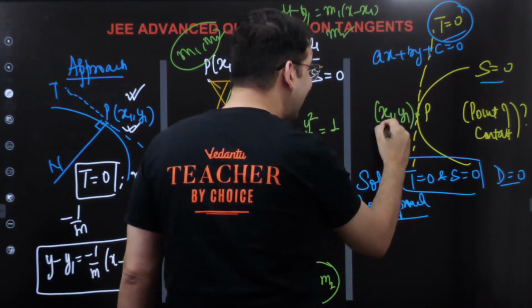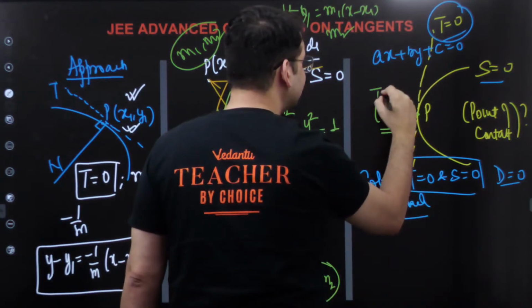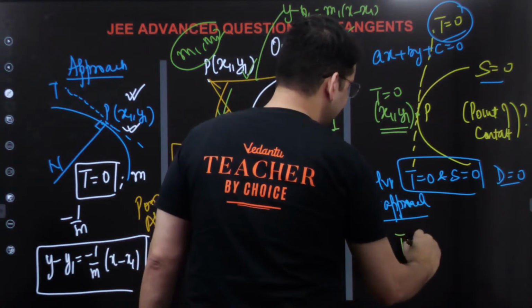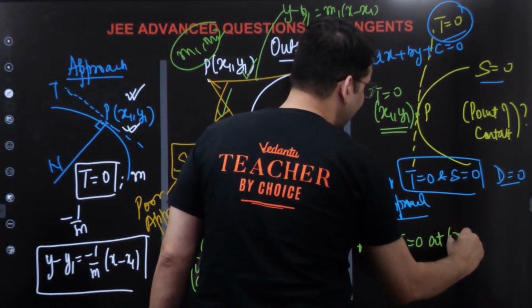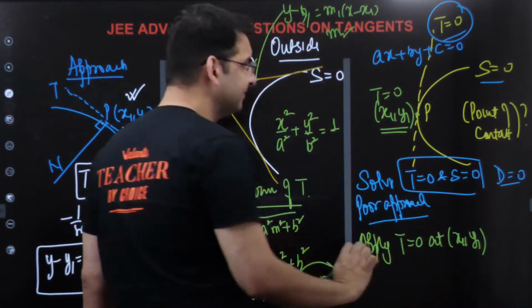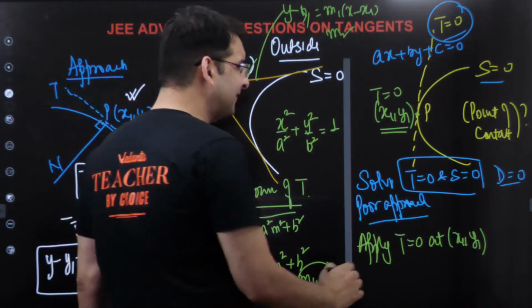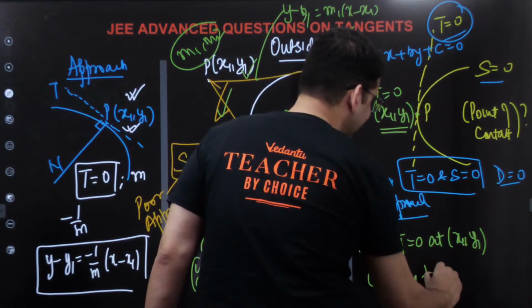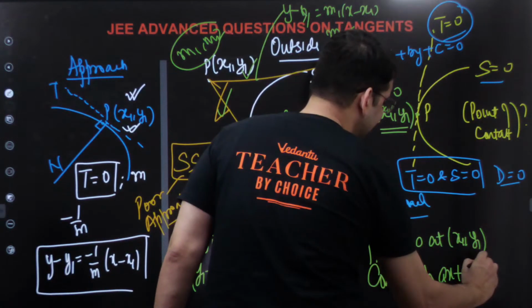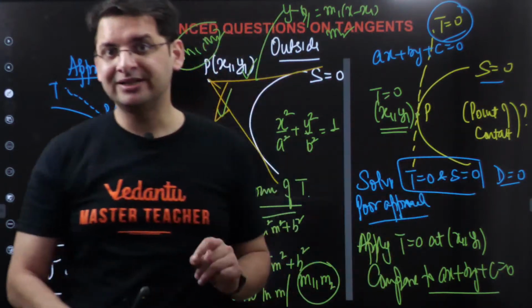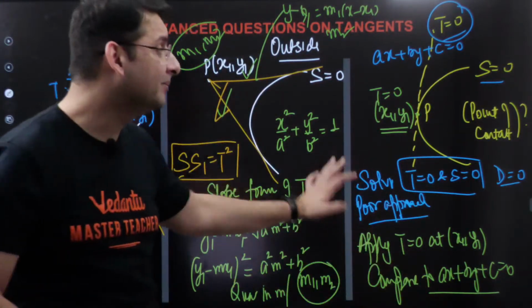So at x1, y1, you apply T is equal to 0. You will get a linear equation in x1, y1. Compare that equation to ax plus by plus c is equal to 0 and find x1, y1. So this is one of the best approaches, guys, and it doesn't take time.